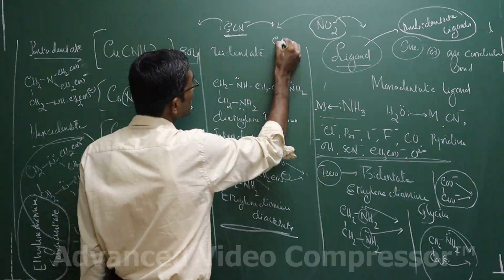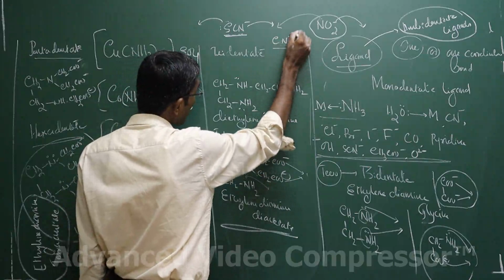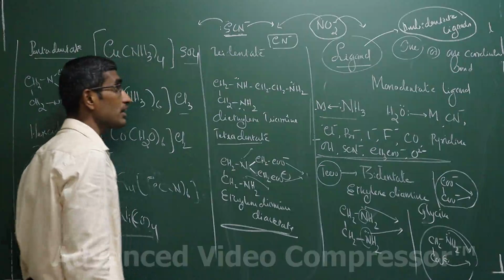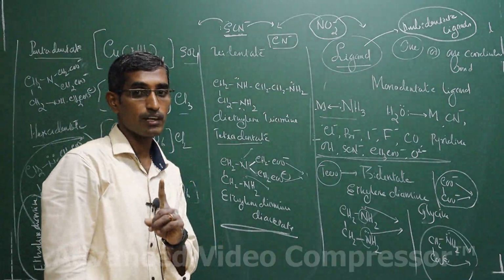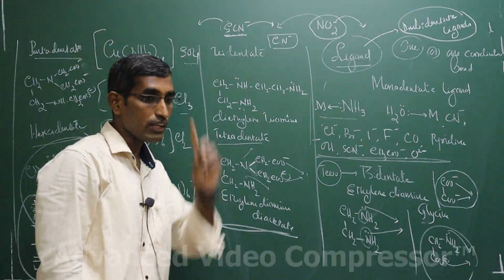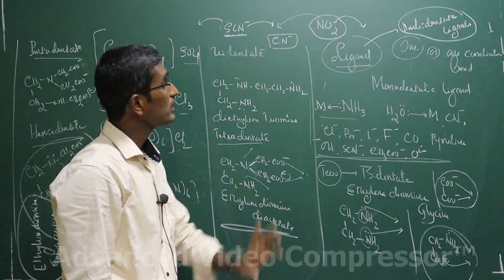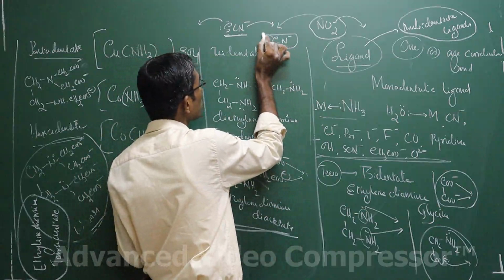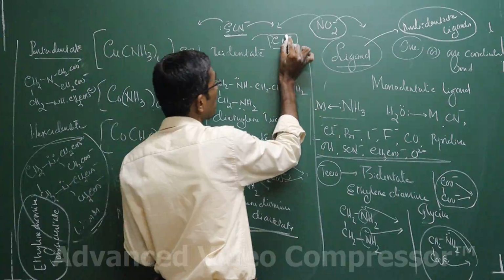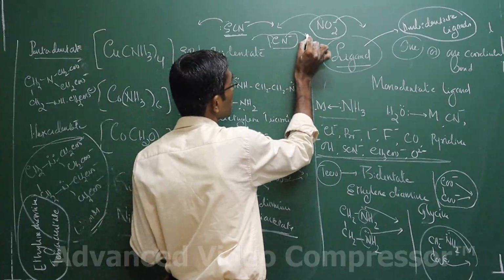For example, CN minus. What kind of ligand is it? Is it a monodentate ligand? Yes, it is a monodentate ligand because it makes only one bond with the central metal ion. But it is an ambidentate ligand too, because either carbon can be used for bonding with the central metal ion or nitrogen can also be employed.